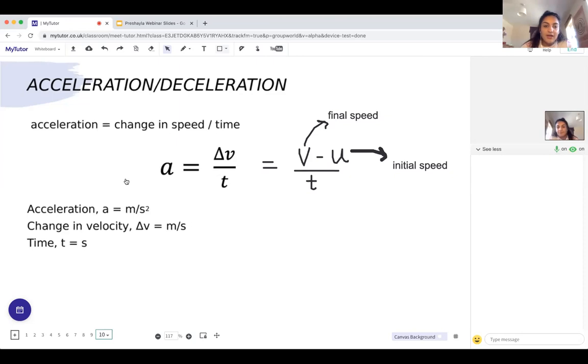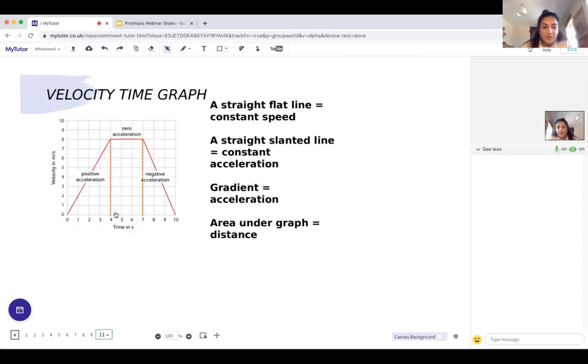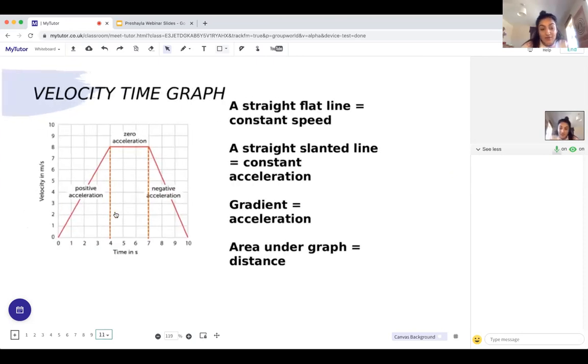Okay, so let's move on to velocity time graphs. Different to distance time graphs, now we're plotting how the velocity changes with time. So completely different features, which mean completely different things.